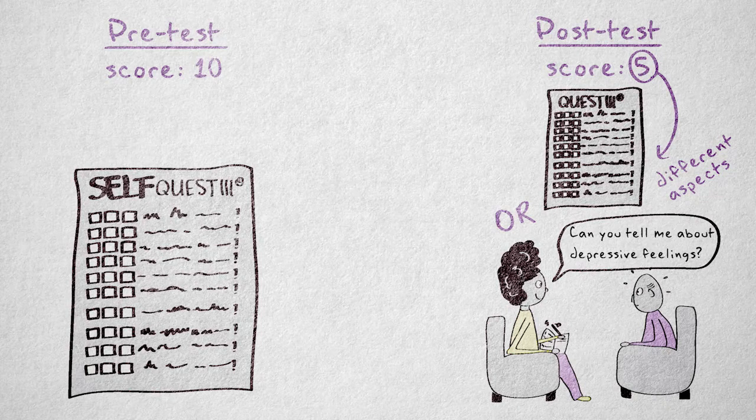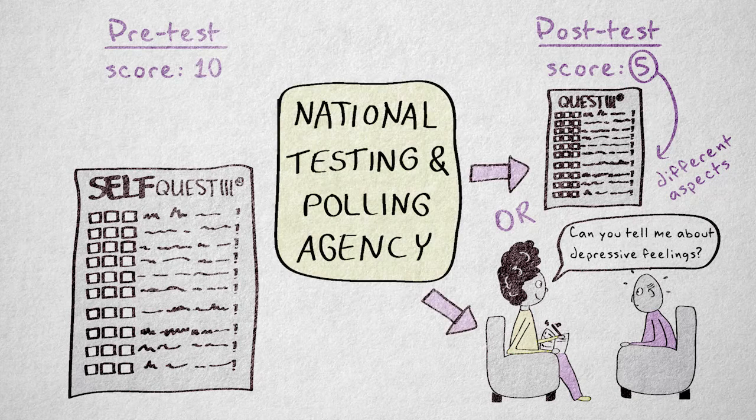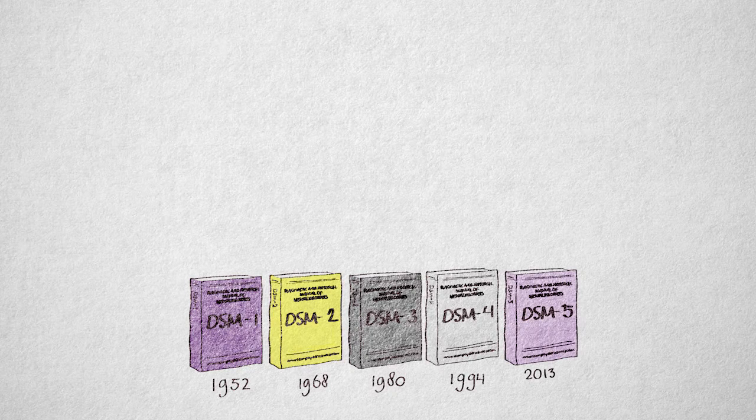Of course, it seems rather stupid to change your methods or instruments halfway, but sometimes a researcher has to depend on others for data. For example, when using tests that are constructed by national testing agencies or polling agencies. A good example is the use of the standardized diagnostic tool called the DSM. This diagnostic and statistical manual is used to classify things like mental illness, depression, autism, and it's updated every 10 to 15 years.